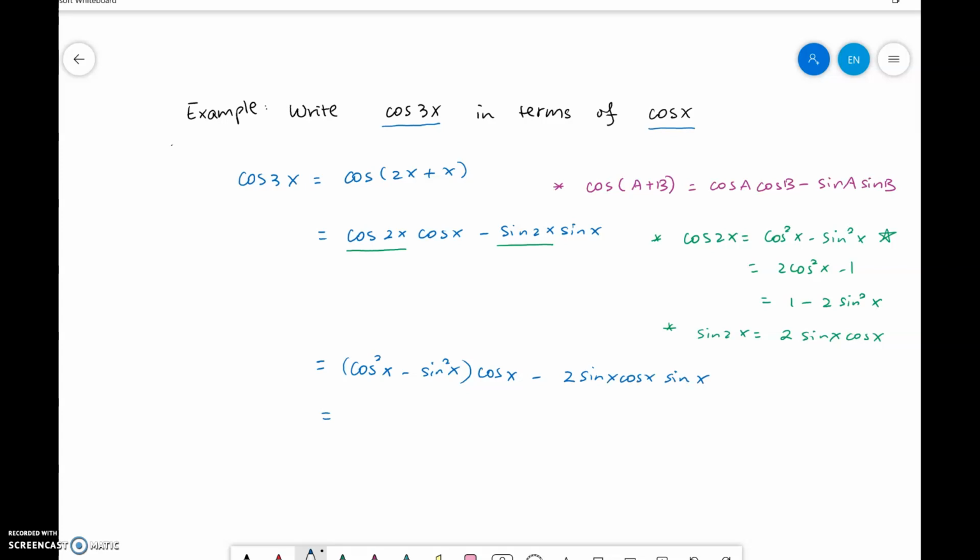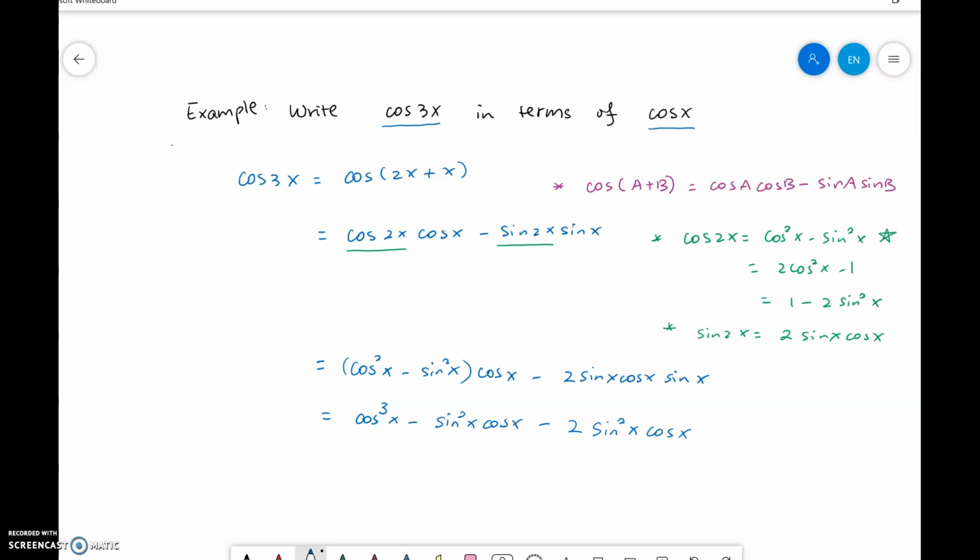Combining everything, multiplying and simplifying, I got cosine cubed x minus sine squared x cosine of x minus 2 sine squared x cosine of x.